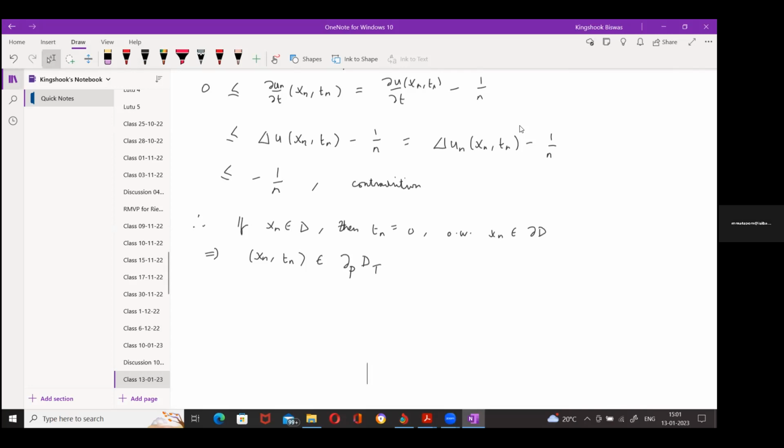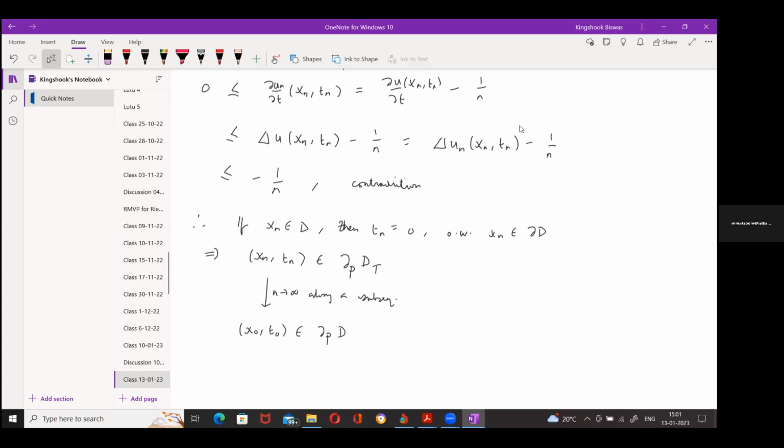And again, as n tends to infinity, along a subsequence, this will converge to some x naught, t naught, which is in the parabolic boundary because it's closed.